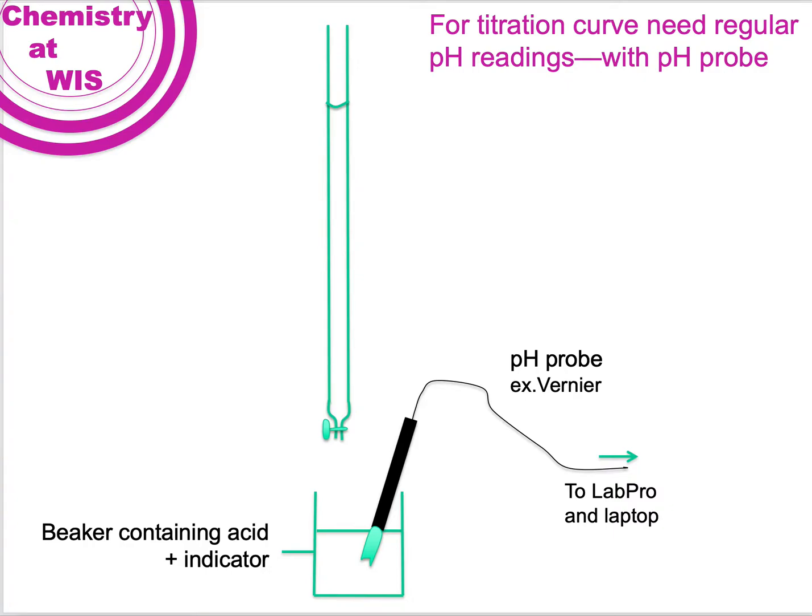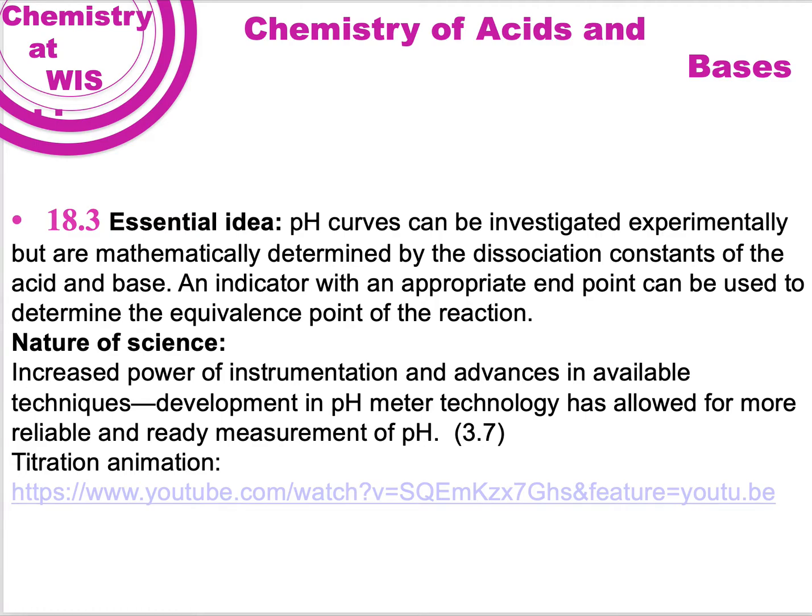And what are you going to do as you are doing this experiment? We're going to look at the dissociation constants, going to choose an appropriate indicator and use with digital data collection, more advanced instrumentation.